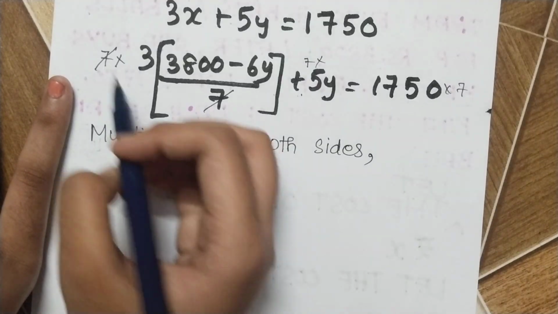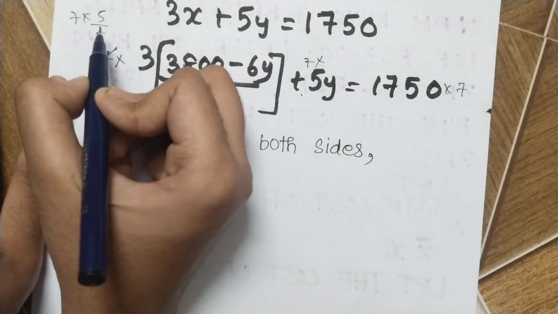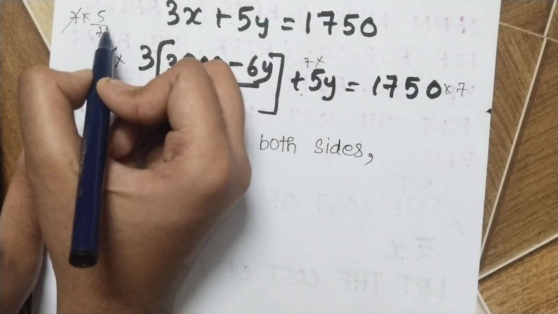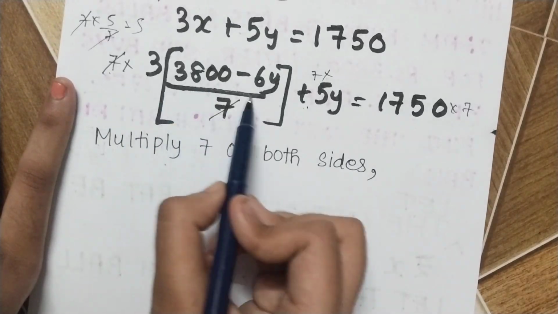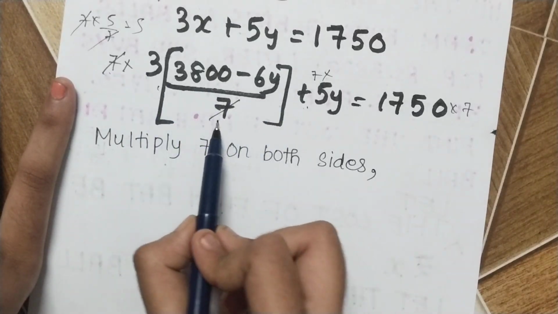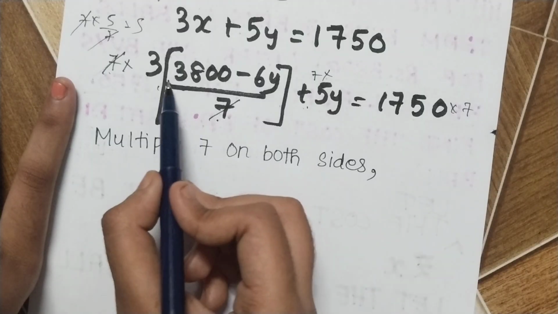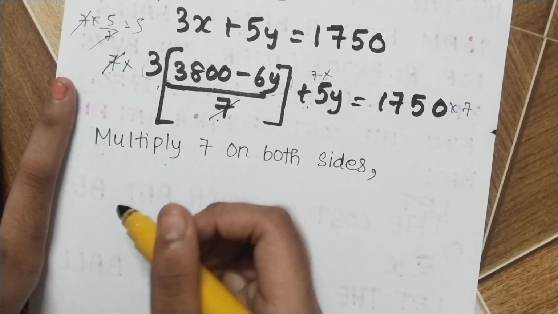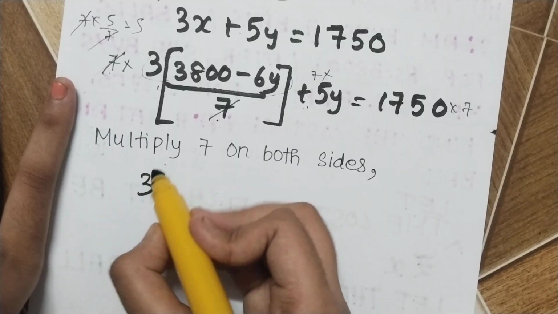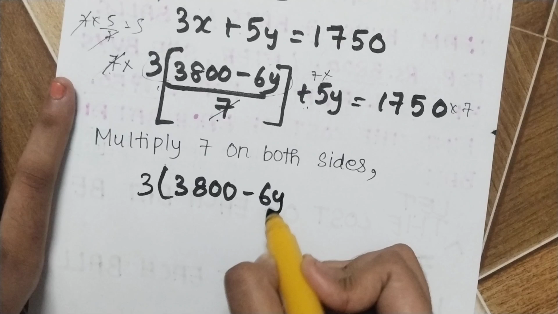Okay. So like for example, 7 into 5 by 7. What we will be doing? We'll cancel this 7 and this 7. So your answer will be 5. Similarly, 7 into this whole number and by 7, I can just cancel this. Right? So I'll be getting only this part alone. So I am going to write 3 into (3800 minus 6y).